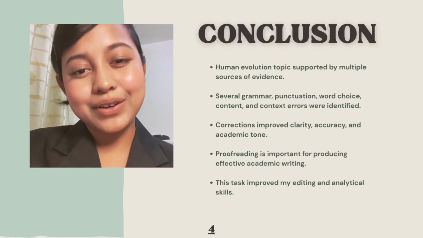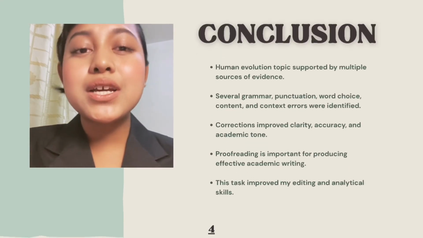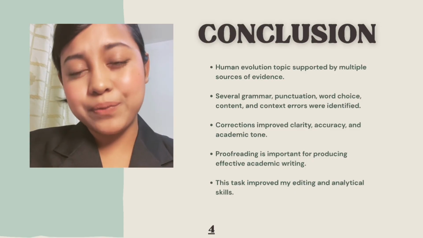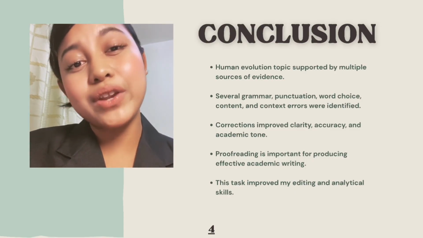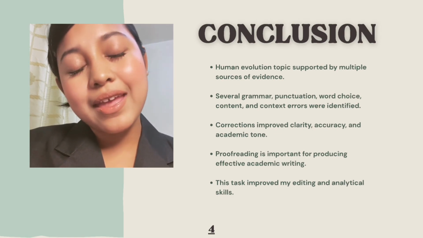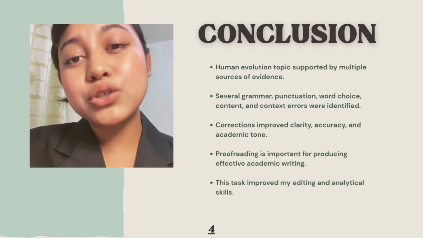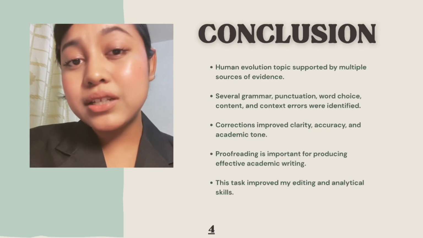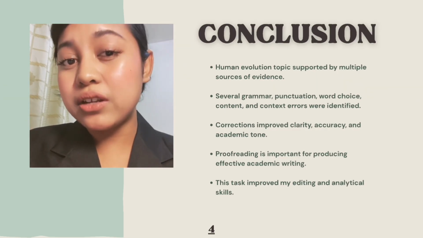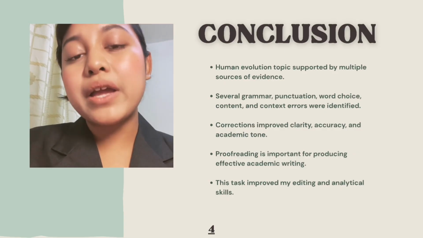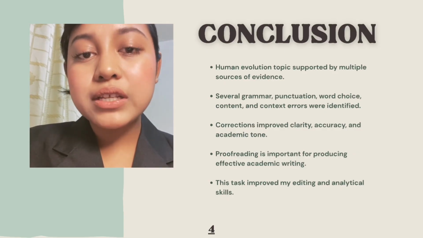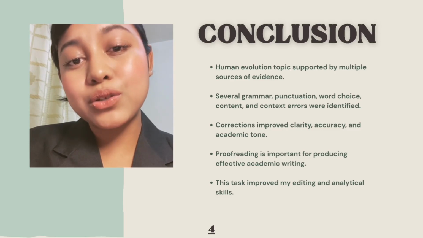I believe we have come to the ending, which is the conclusion. This proofreading and editing task allowed me to identify a variety of language issues within the text. The analysis also showed that although the discussion of human evolution was generally supported by evidence, several language errors and context and content errors were also present.